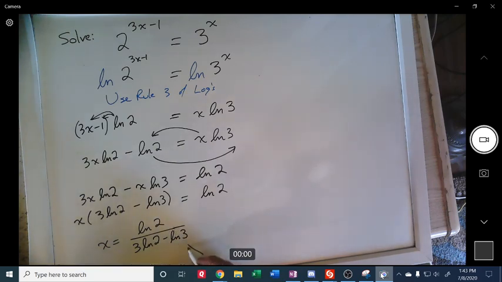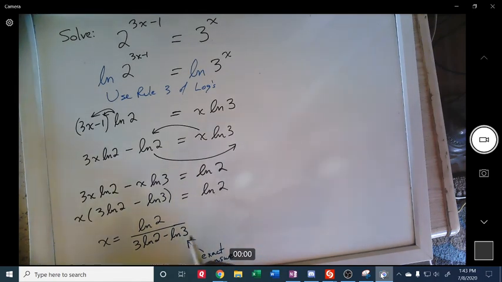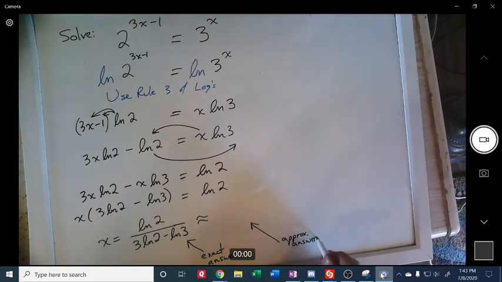And then I'm going to divide by what's in parentheses. This is what I call my exact answer. And when I punch it out in my calculator, I'll get my approximate. Neither answer is better than the other.